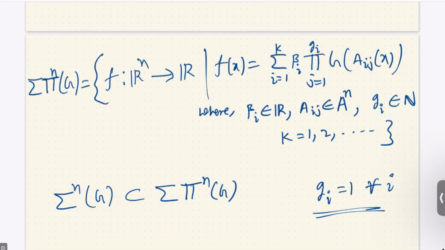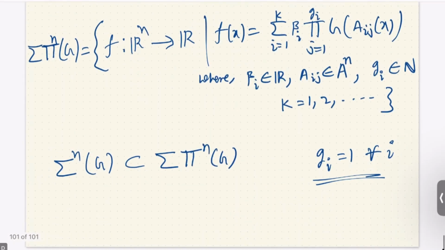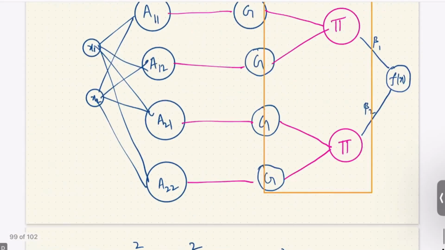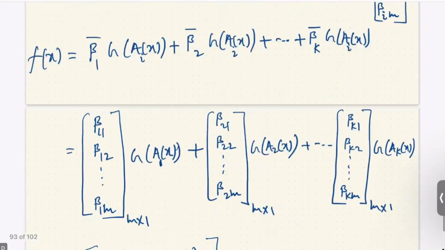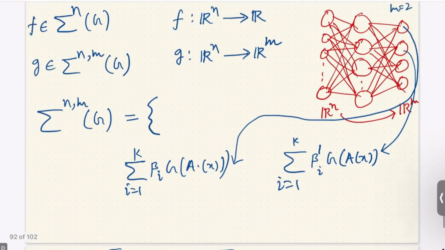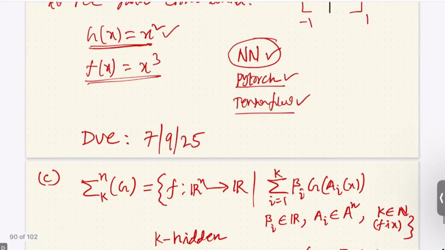Now, sigma pi nets, sigma nets, all these things, so far we have defined these classes. So far, whatever we are discussing, there is no computer, there are no algorithms. It is a theory of neural networks.